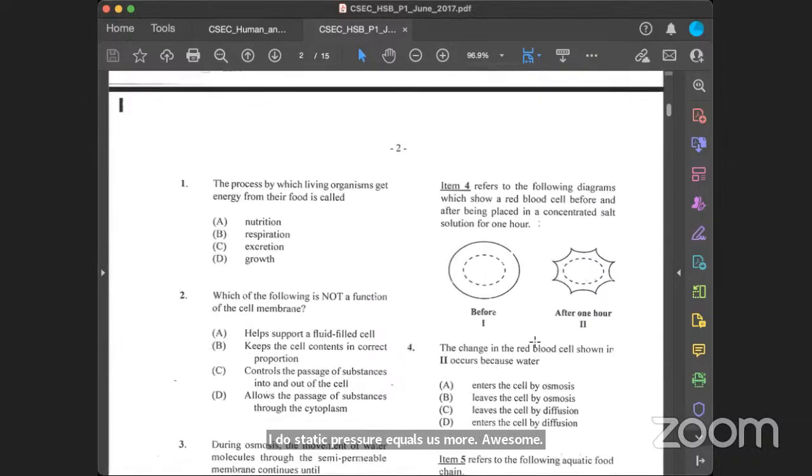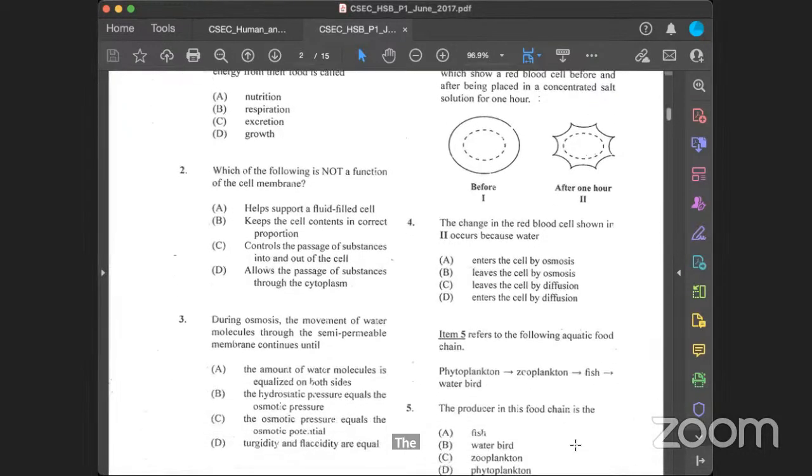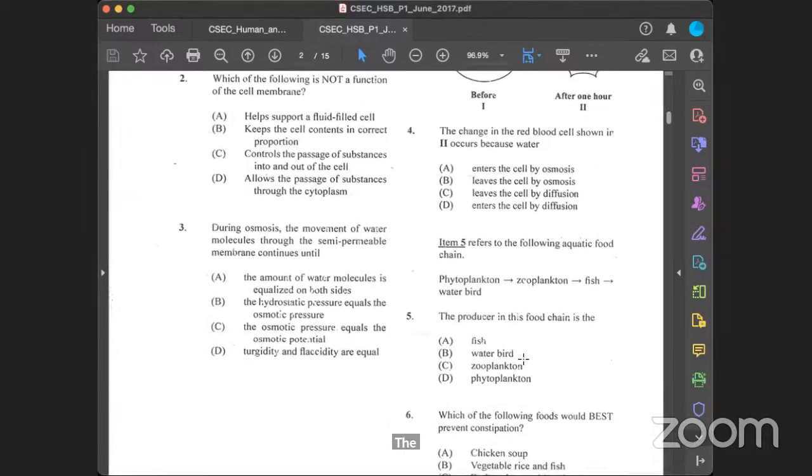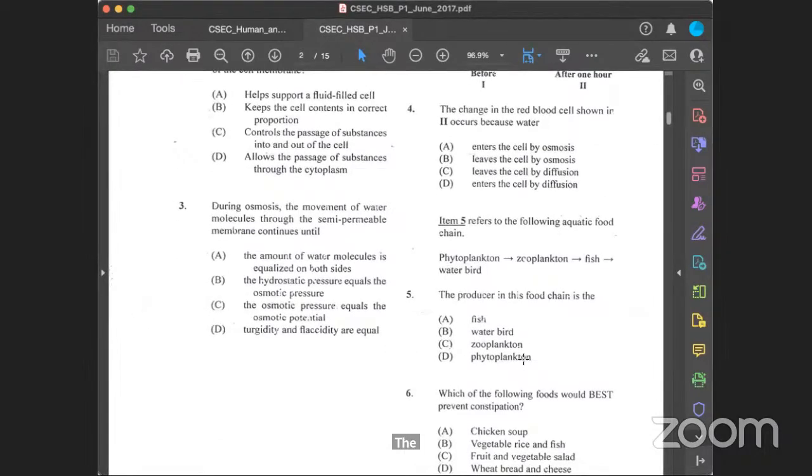This one we did just now. What's the answer there? B. D. This is a question you've done already, right? So it should be moving quickly.